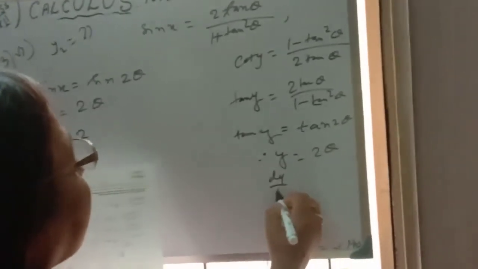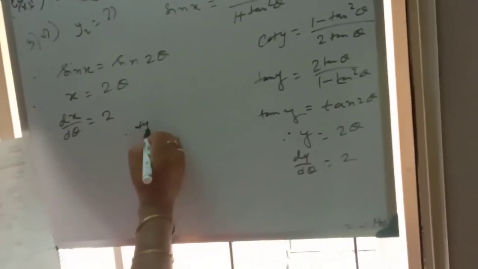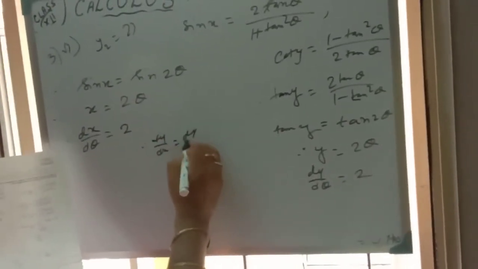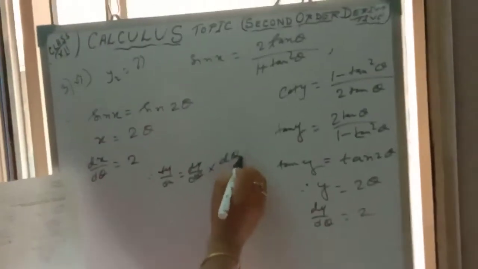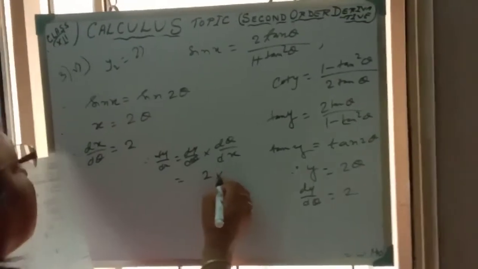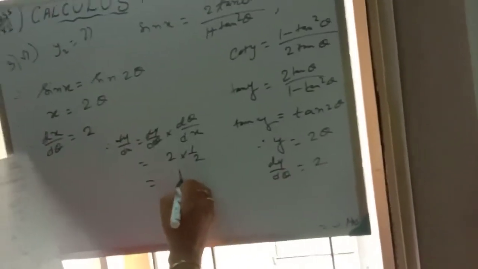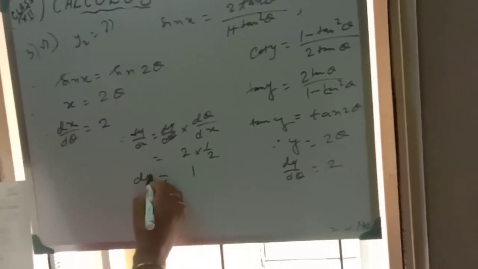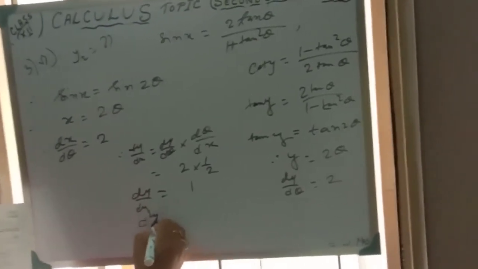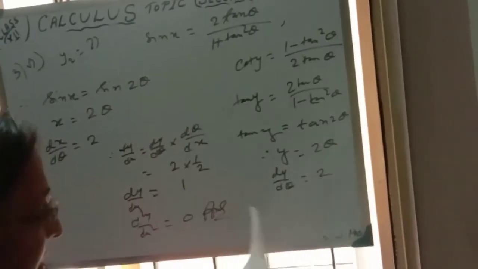So from here dy/d theta is again 2. So what is dy/dx then? dy/d theta into d theta/dx. dy/d theta is 2, d theta/dx is half. This is coming 1. dy/dx is 1. So d2y/dx2 will automatically be 0. So this answer is again 0.